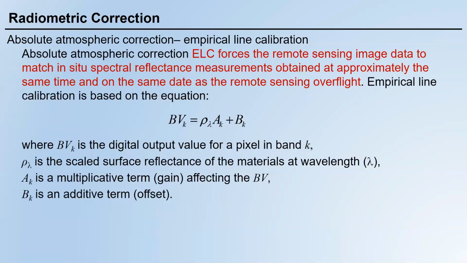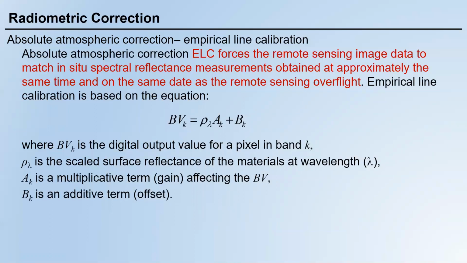Okay, that's a disadvantage. So absolute atmospheric correction (ELC) forces the remote sensing image data to match in situ spectral reflectance measurements obtained at approximately the same time and on the same date as the remote sensing overflight.